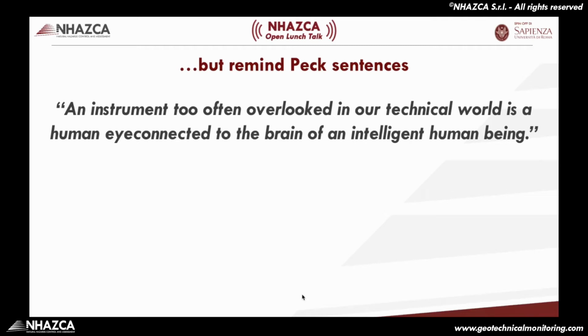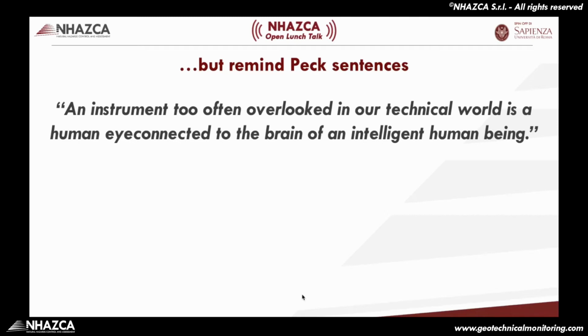Okay, but now it's quite clear that there is a story behind the monitoring. There are some people, our association, group of people that helped this growth, and some steps are still at the beginning. But don't forget another sentence: an instrument too often overlooked in our technical world is a human eye connected to the brain of an intelligent human being.